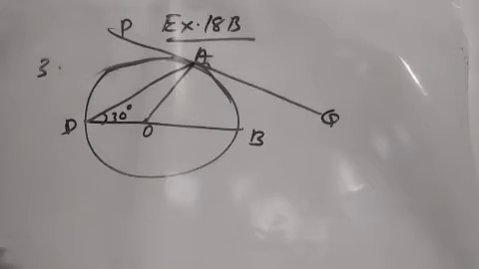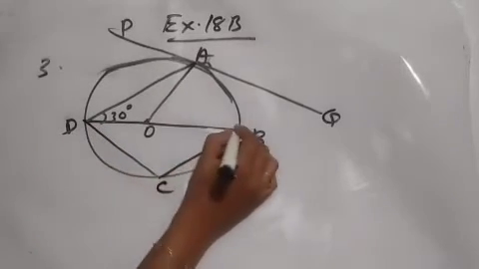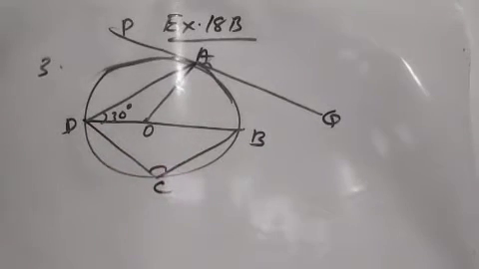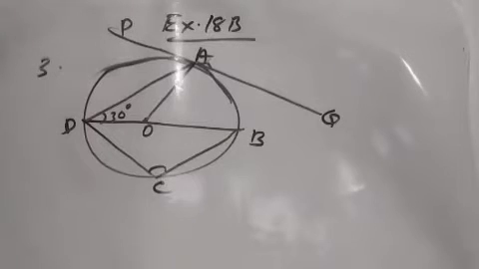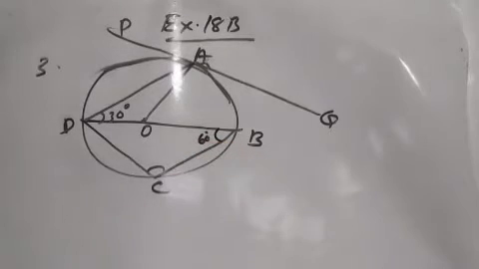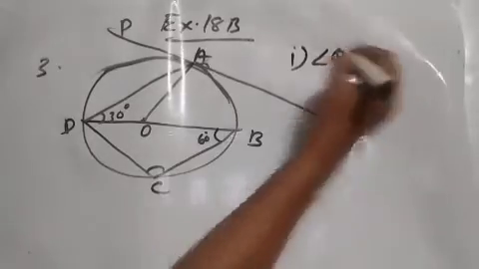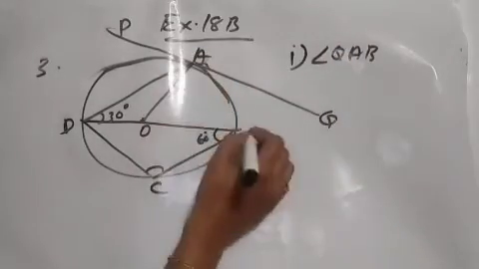Here is a point C, and angle DBC is given 60 degree. We have to calculate angle QAB.